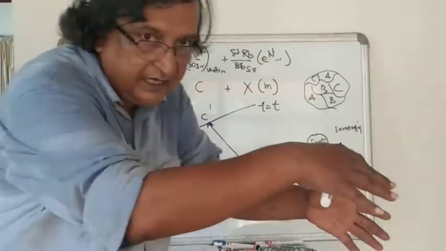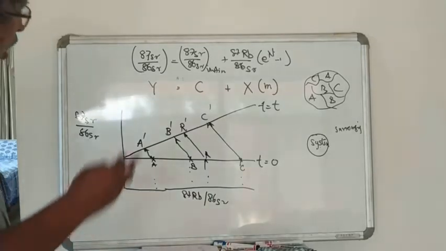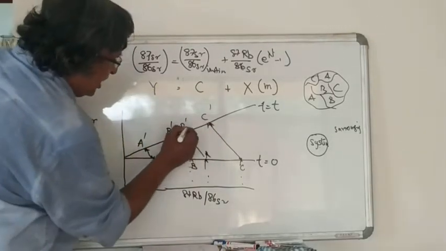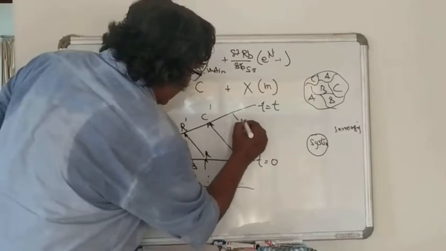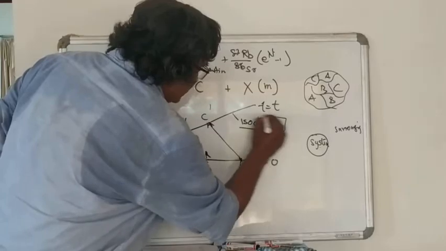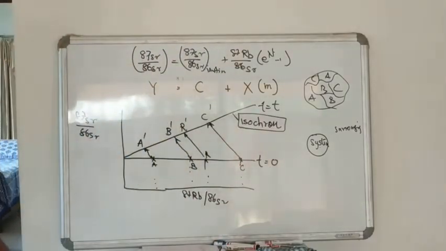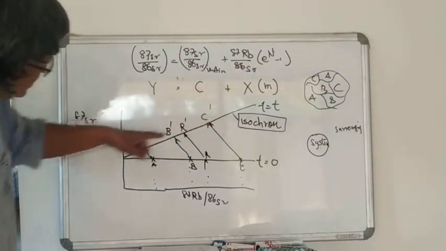Some could have come in later and some could have gone out later. One proof is that all the points should lie on this line, and this line is called an isochron, because here time is the same. So it should lie on this isochron.